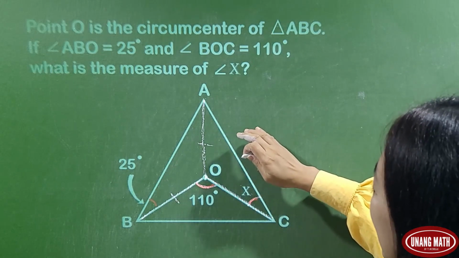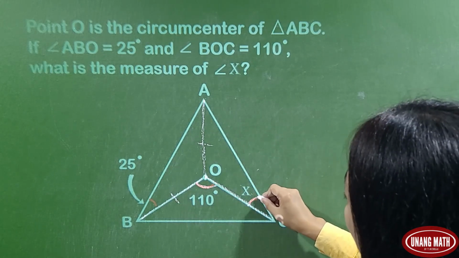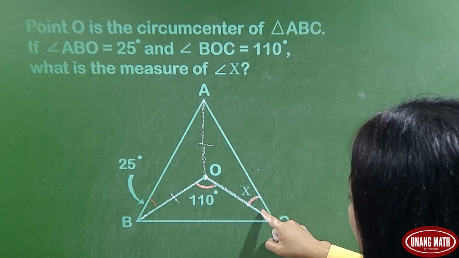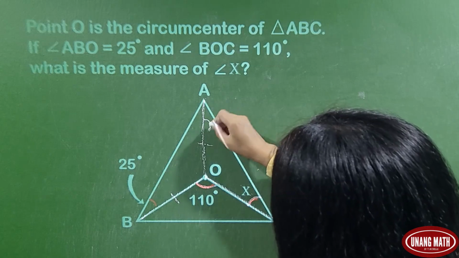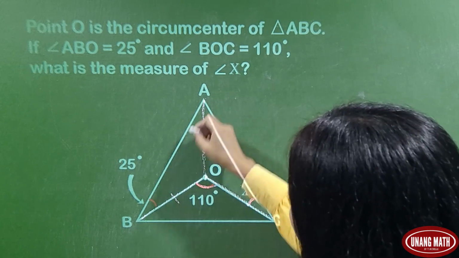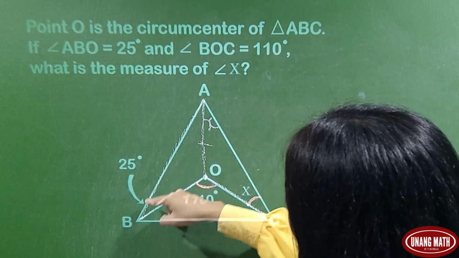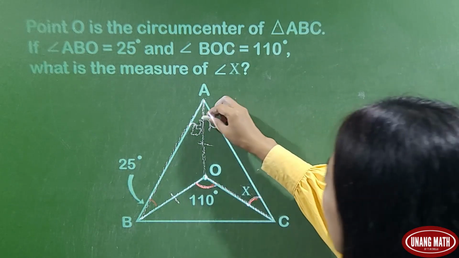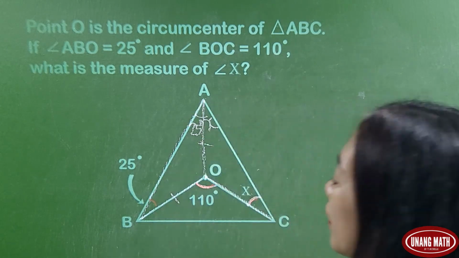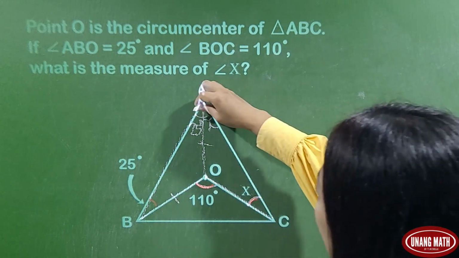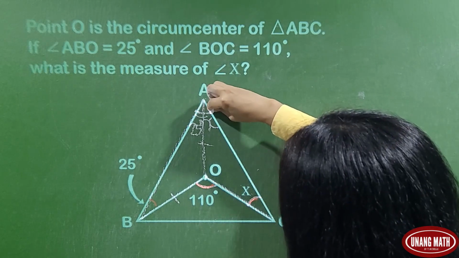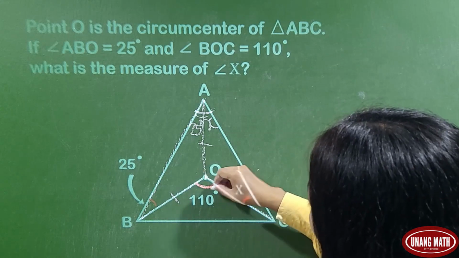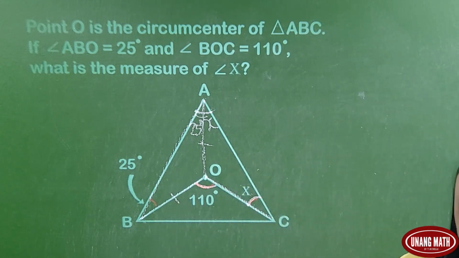Since we are looking for the measure of this angle, this is also angle X. This is an isosceles triangle again. So 25, it means this angle is also 25 degrees. Take note, this whole angle A is half the measure of this angle BOC.